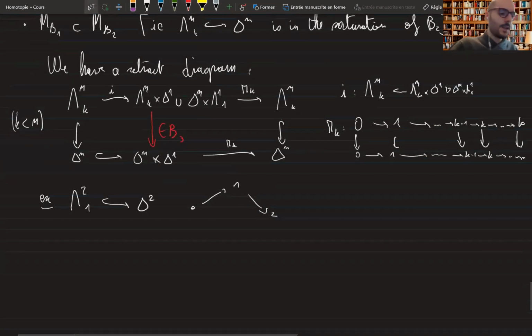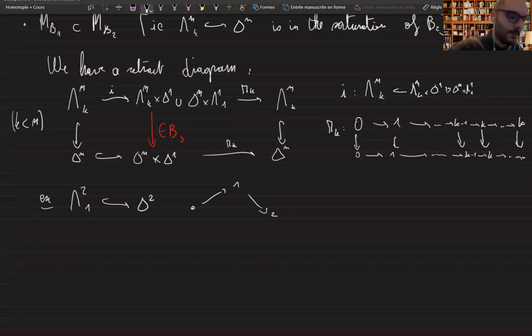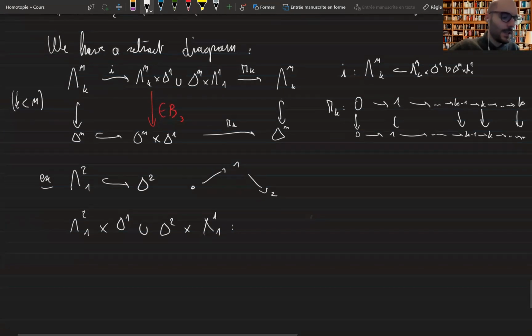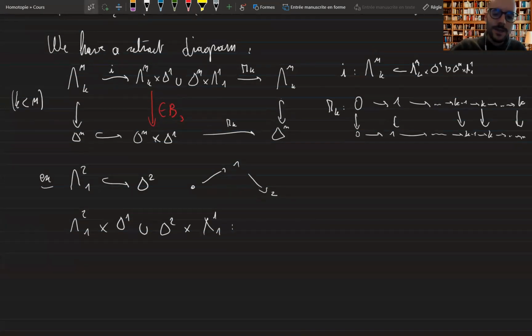Okay, so what is lambda 2, 1 cross delta 1 union delta 2 cross lambda 1, 1? It's something that looks like this. So you have 0, 0, 1, 0, 2, 0.